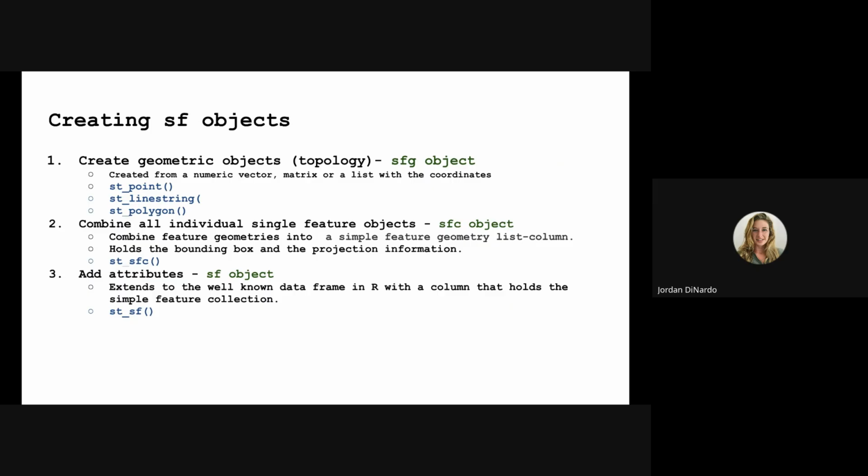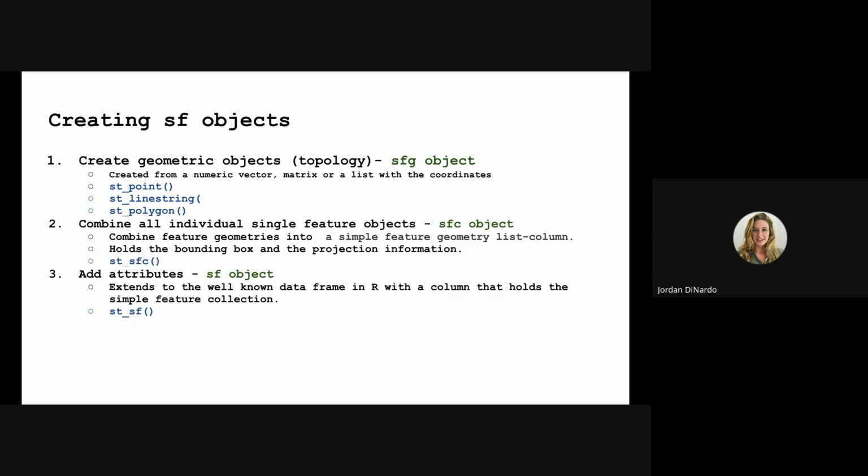If you wish to combine these sfg objects, you can use st_sfc, and this helps to combine feature geometries into a simple feature geometry list column. It holds the bounding box and the projection information. You might have to set that as one of the arguments within st_sfc.